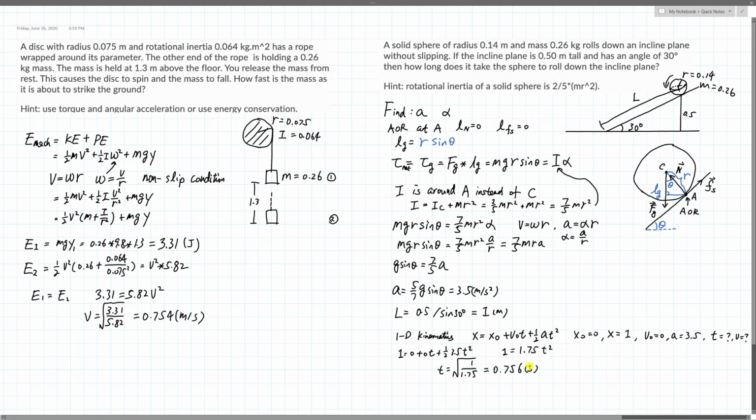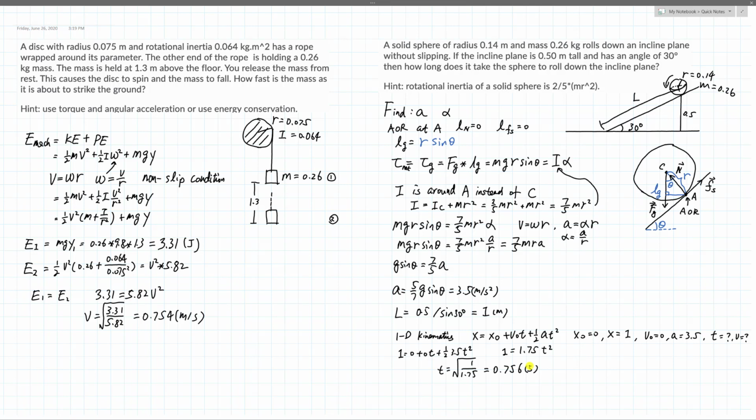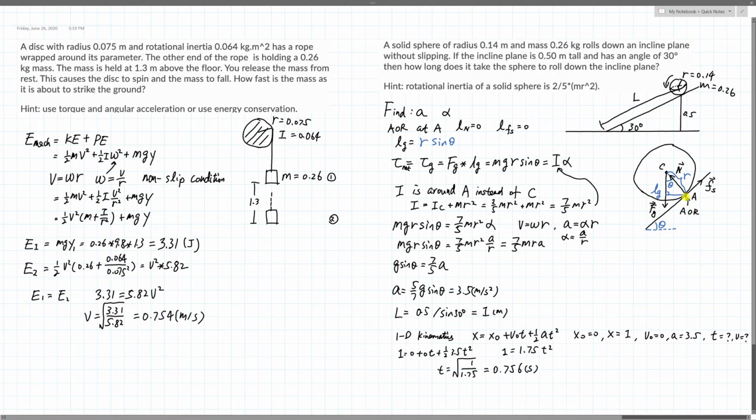seconds. Okay, so this question is relatively difficult because it requires us to analyze torques, and it also requires some additional knowledge of where to pick the axis of rotation, which is the instantaneous point that is at rest, right? The sphere does not slip, so the sphere's contact with the inclined plane is instantaneously at rest.